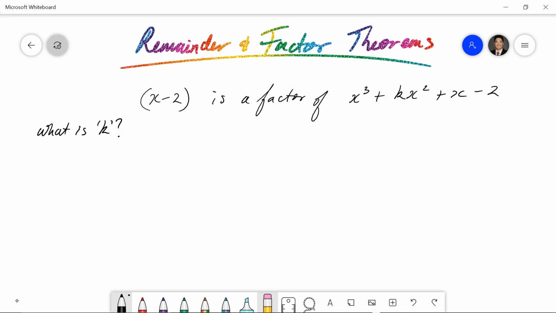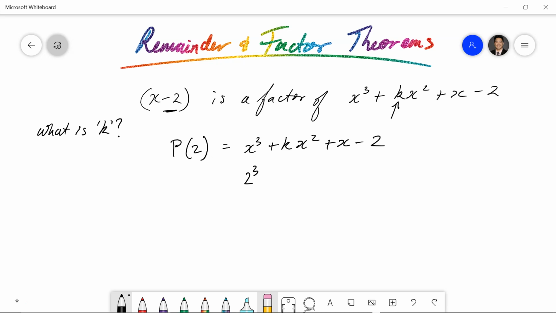What we need to do is work out what k is, and it's as simple as substituting our values. We're going to work out what p of 2 is and put this into our equation, and once we've done that, we can work out what k is.